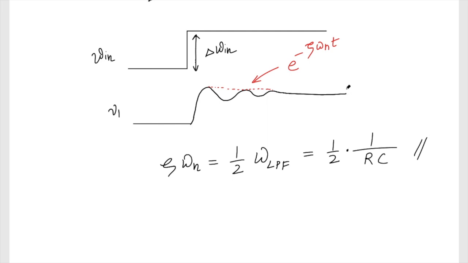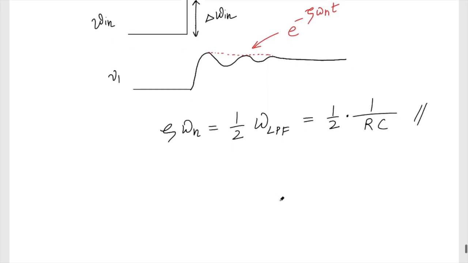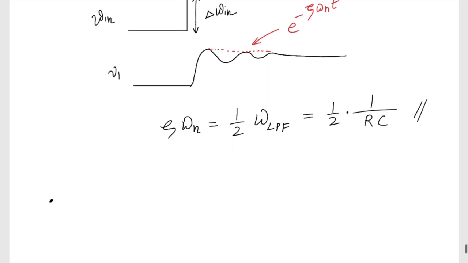So you see, we need to make the C large to make the ripple smaller, but we have seen that if we make the C larger, then the settling time is going to become longer. This is what we have also seen in the simulation that I have shown before.